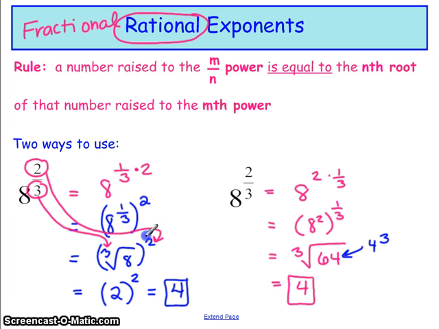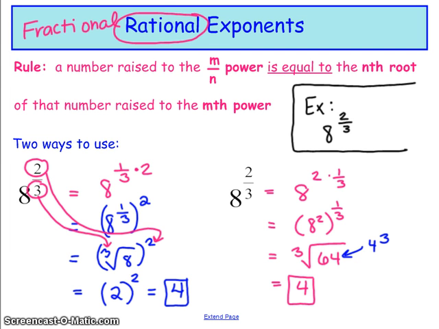But you can think of it as putting the root on the inside, like I did here, or on the outside, like I did here. So the 2 and the 1/3 can switch places, inside or outside. But the main thing you want to remember is that the number on the top becomes a power. So that's saying you're going to square something.